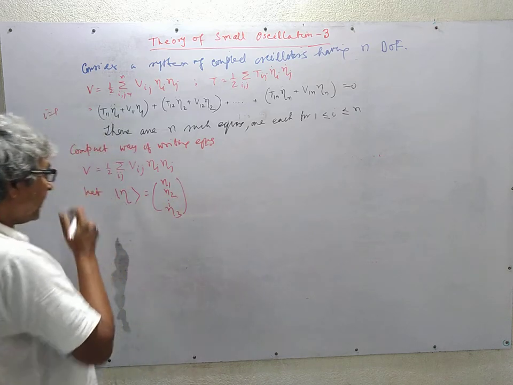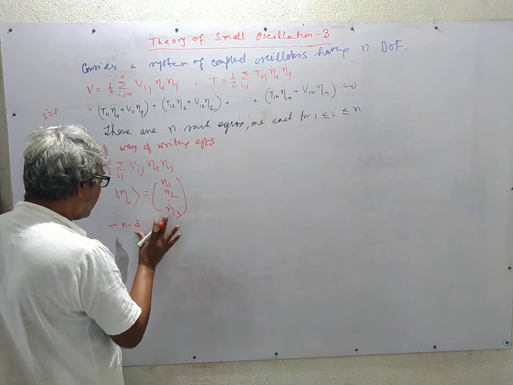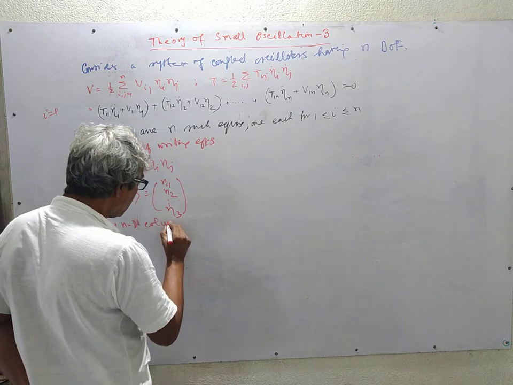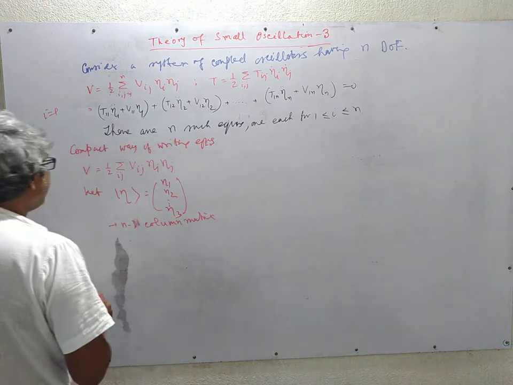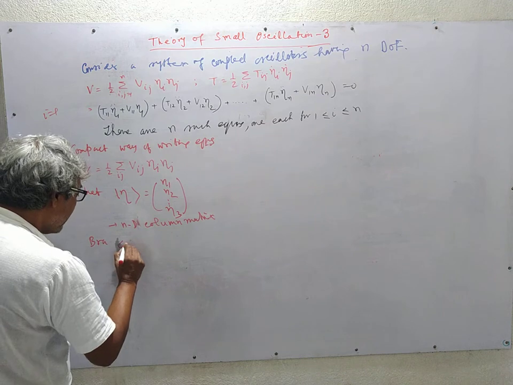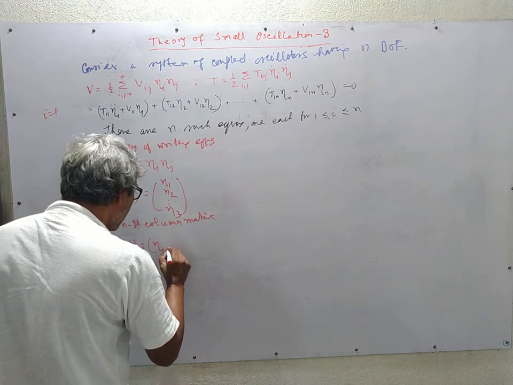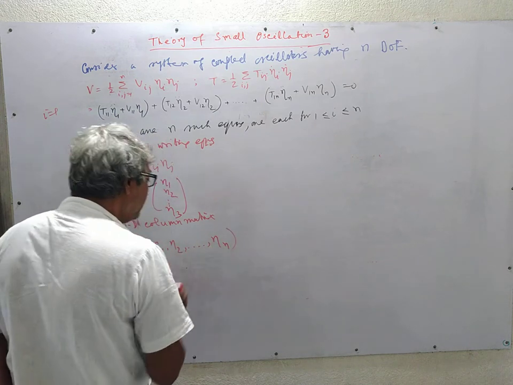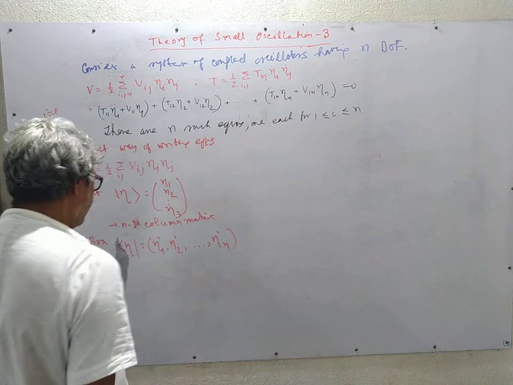So it is an n-dimensional column matrix. Then we define the corresponding bra η, which is a row of η_1, η_2 up to η_n. If η were found to be complex, then there would be stars over there.